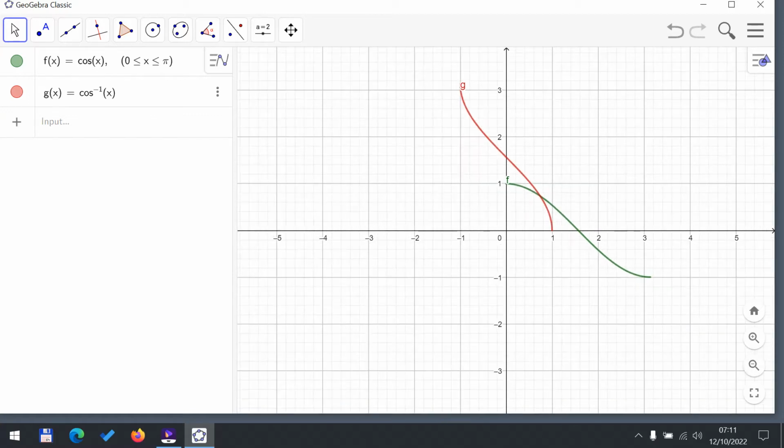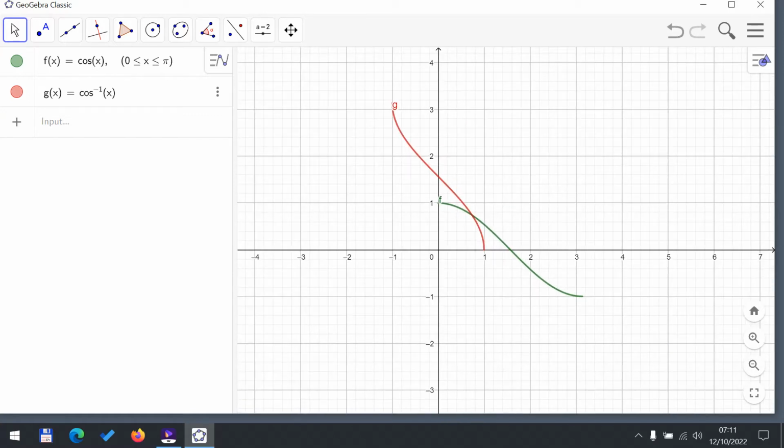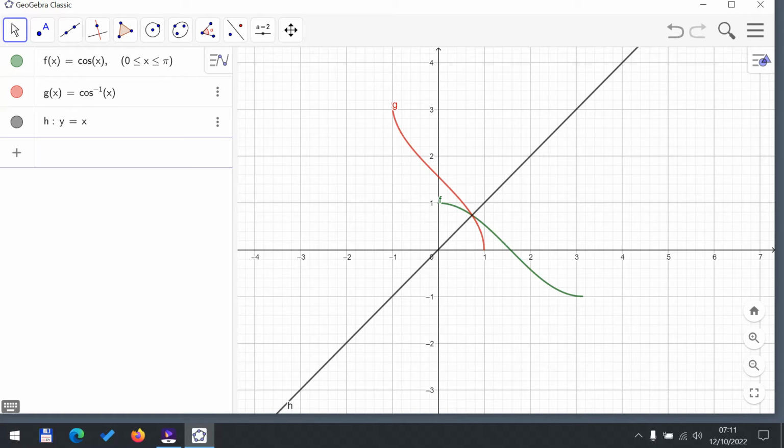some of you may find this perplexing, but to make sense of such plots, a good idea is to also plot this line. So this y equals x line is very interesting because if you look at the cosine function, the green plot, you can imagine as if this has been reflected around this y equals x line.